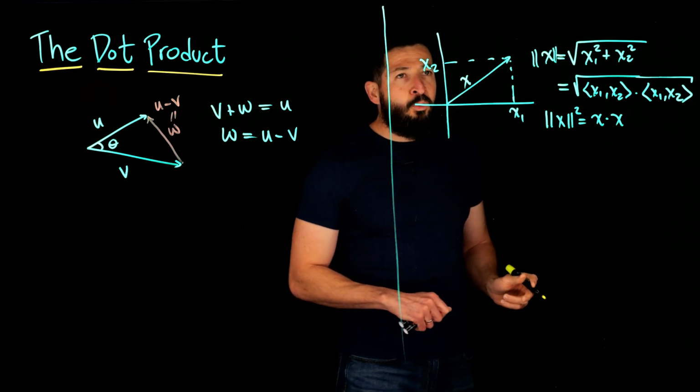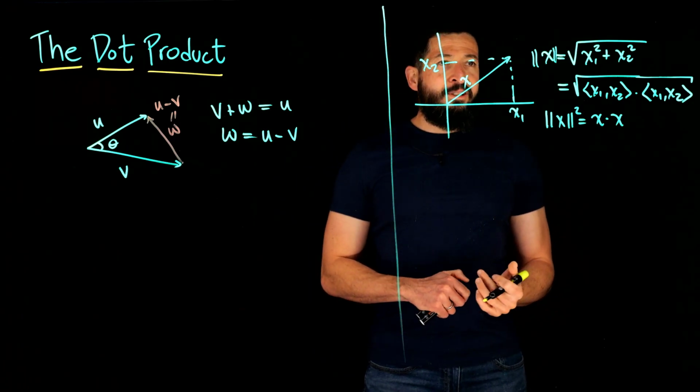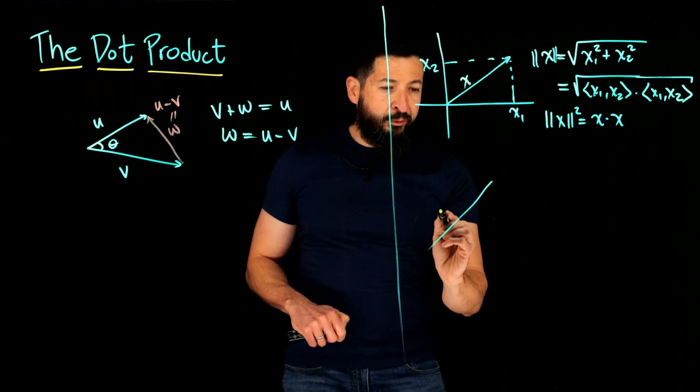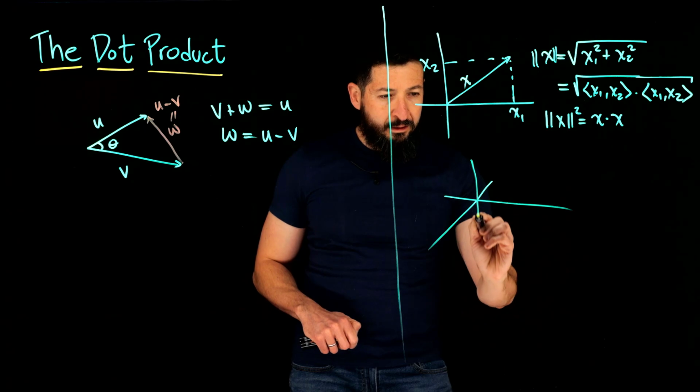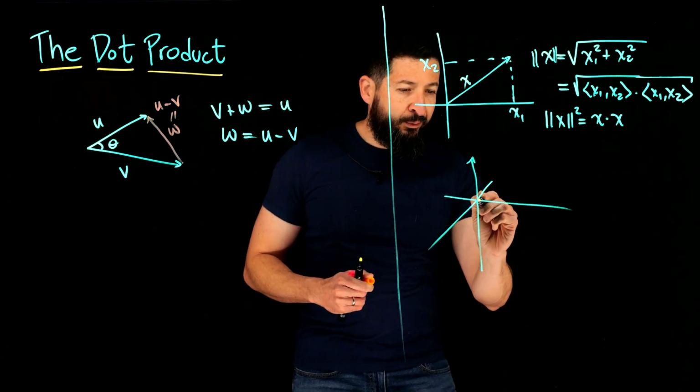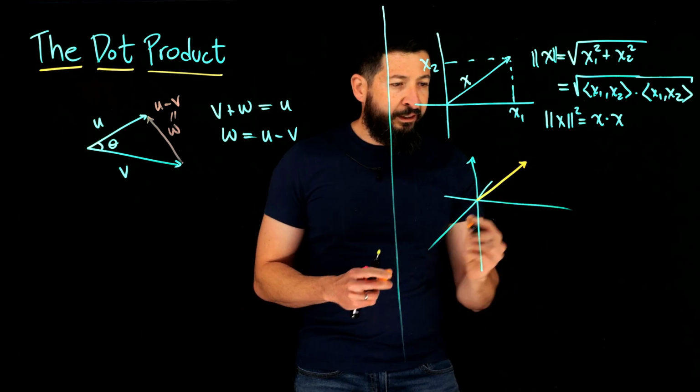Okay, so what happens when we go to 3 dimensions? Is that still true? Well, let's take a look. So let's go to 3 dimensions. Let's grab our vector. I'm going to change colors just so we can visualize what's going on. So let's say it's somewhere here.